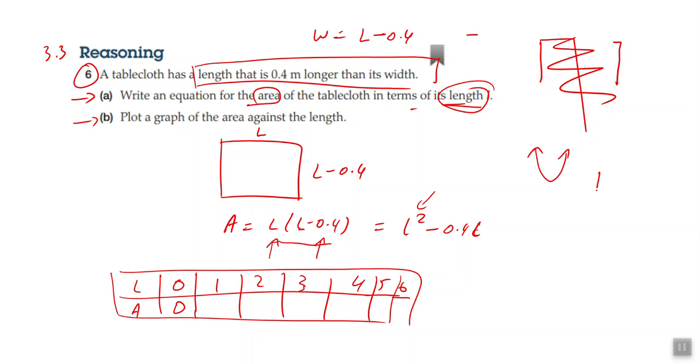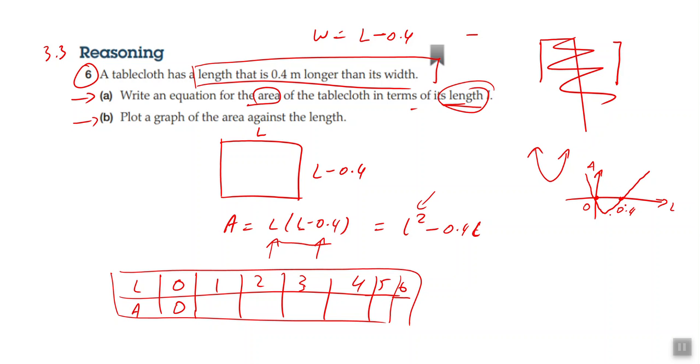If I draw a rough graph, you're going to have your x-intercepts at 0 and positive 0.4. And we know that it's going to be a smiley face, so it's going to look something like this. Now, can you see the dilemma? This is a worded problem, and this is the L-axis and this is the A-axis, the area axis.